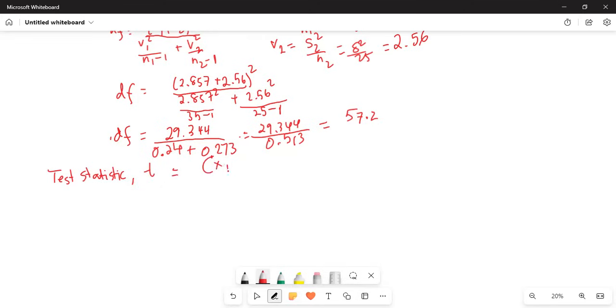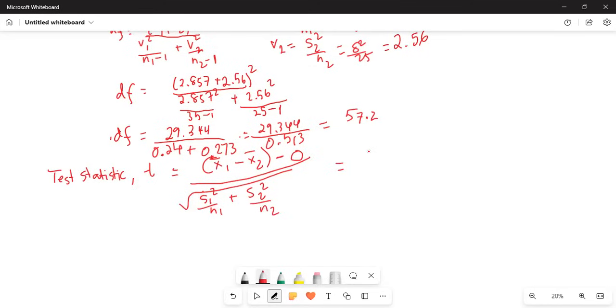And the formula for the test statistic is we compare the difference between the two sample means, and the hypothesized value of the difference in the population means is 0, as given in the null hypothesis, divided by the square root of S1 square over N1 plus S2 square over N2. So T is equal to x1 bar minus x2 bar.